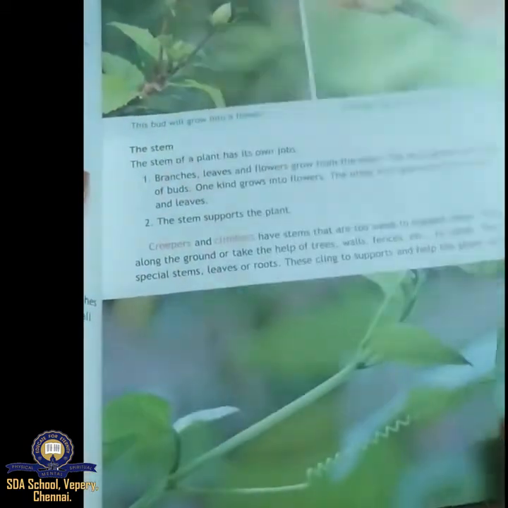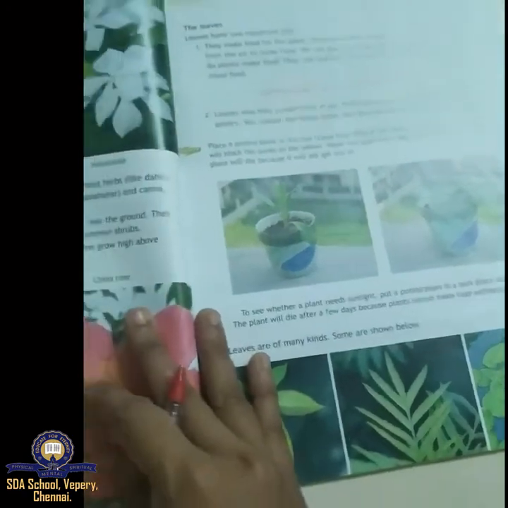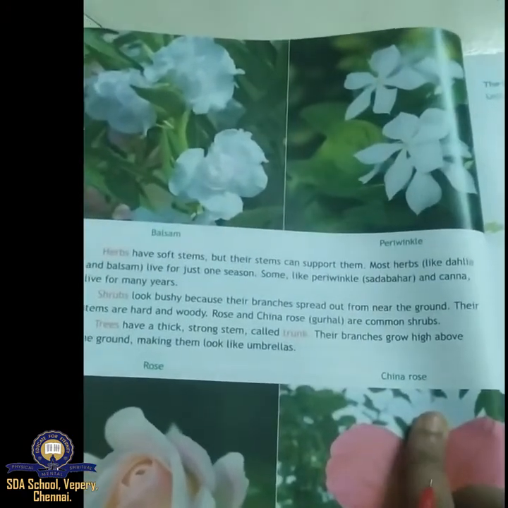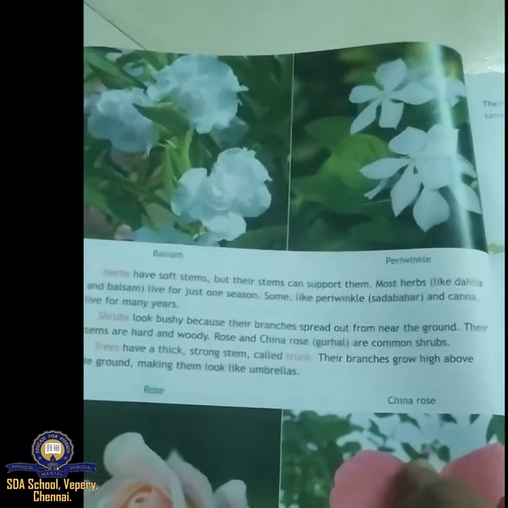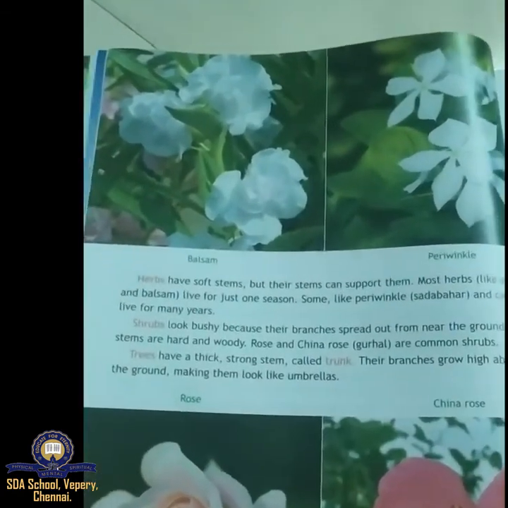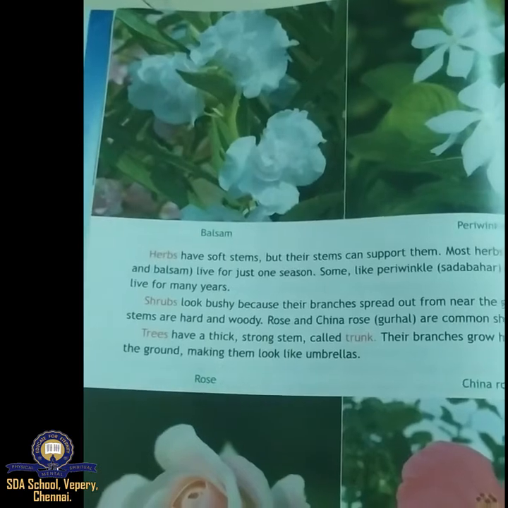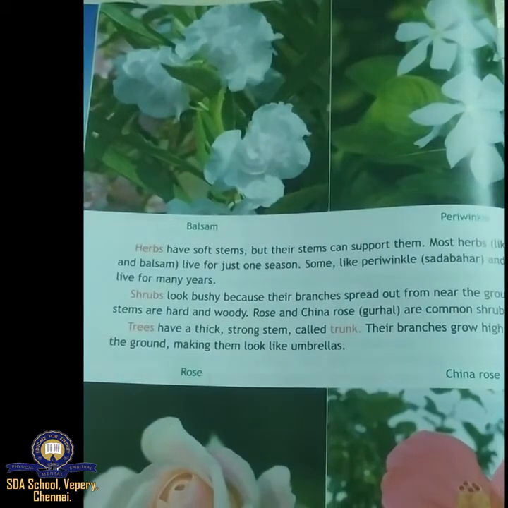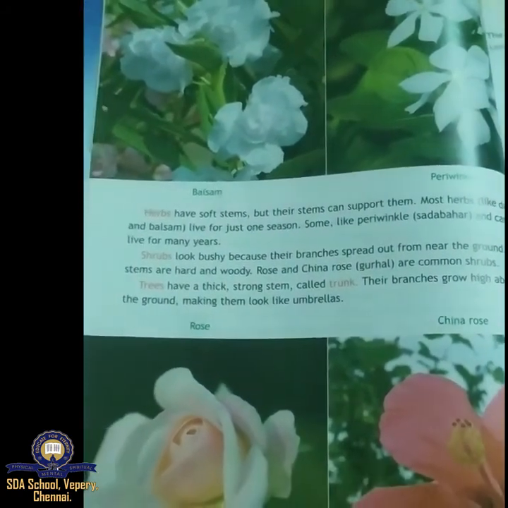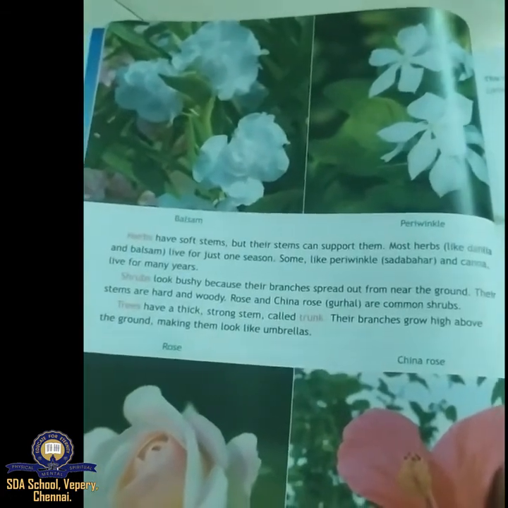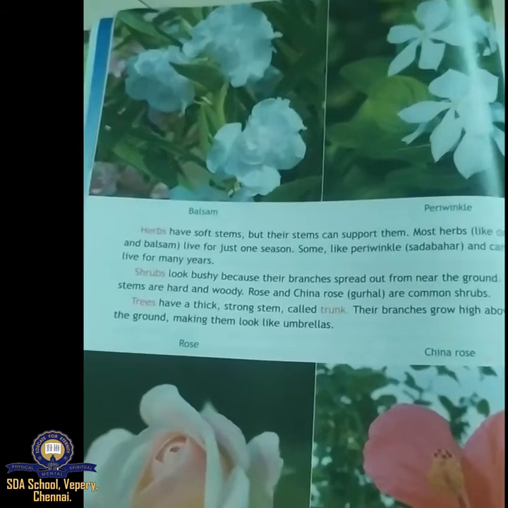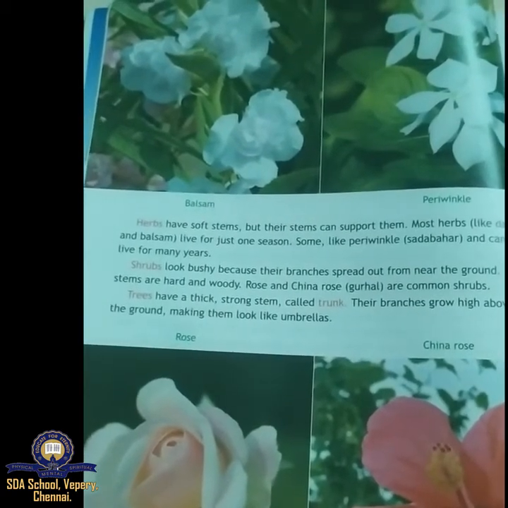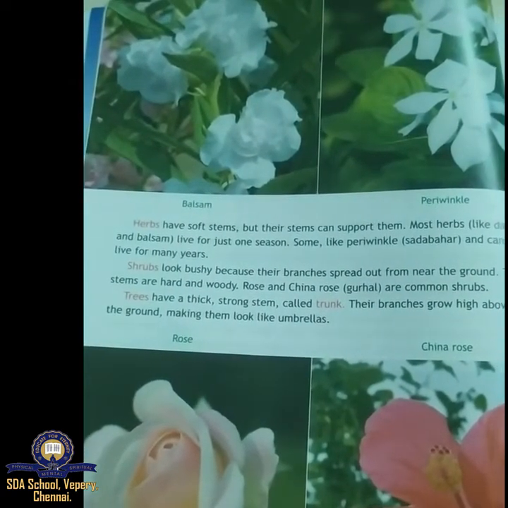Next, we are going to learn about herbs, shrubs and trees. You will be able to understand the differences between them. Herbs have soft stems, but the stems can support them.